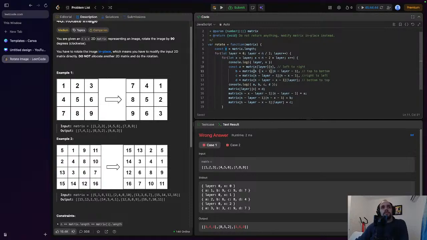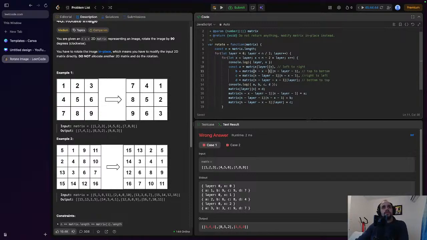It's top to bottom. The X is determined by the layer. Should be 3. 397. So the X is 0, so it'd be 3 minus 0 minus 1 is 2.